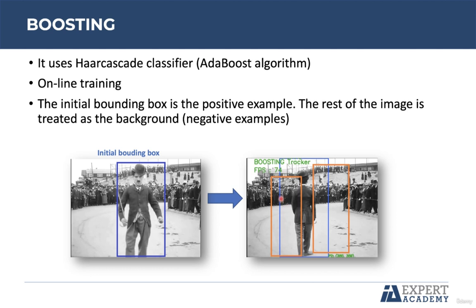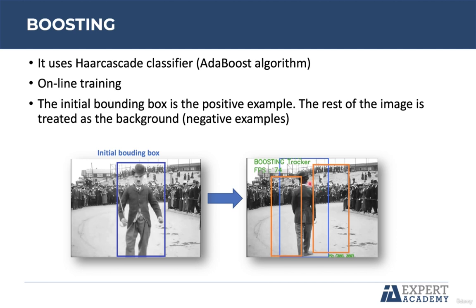See that we still have the blue bounding box that indicates the object, and two other orange boxes were created, which are the negative examples. Of course, more boxes will be generated and not just two.